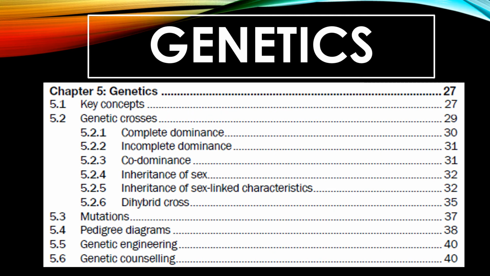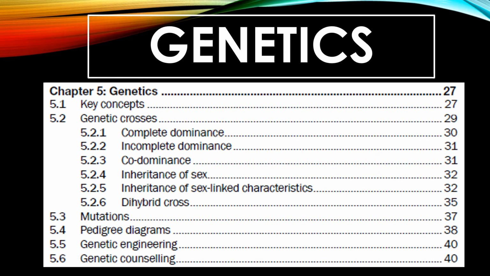Now, these are the subtopics of genetics that you should go through, and I'll be taking you through them just to evaluate whether you understand what is very important pertaining to the topic. Starting with 5.1, the key concepts. Under genetics, there are some terms that you need to know in order to understand the topic, because if you do not know those terms, it will be difficult for you to understand the questions.